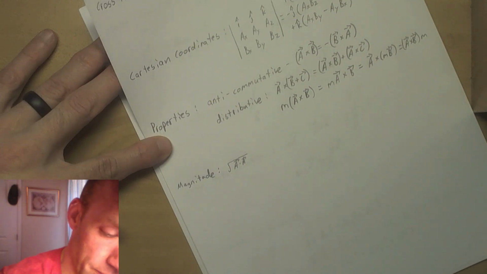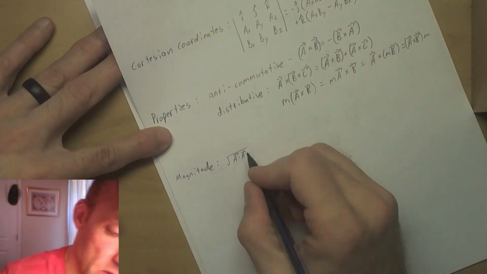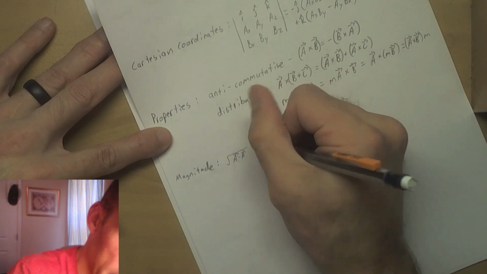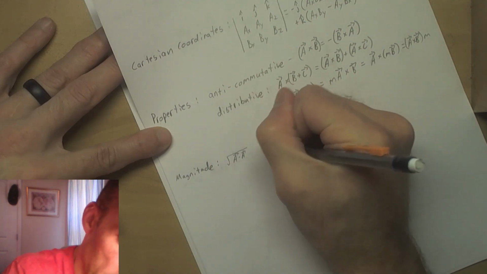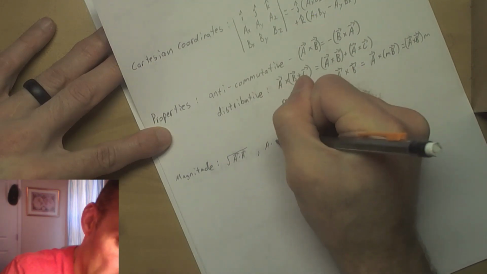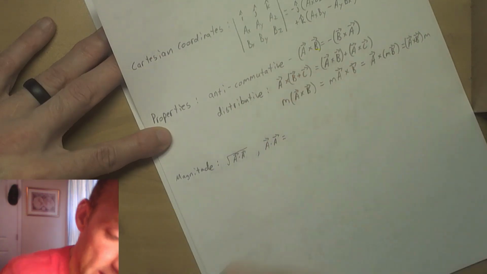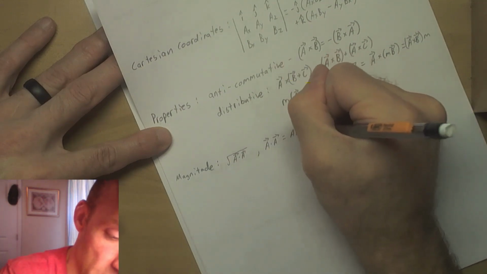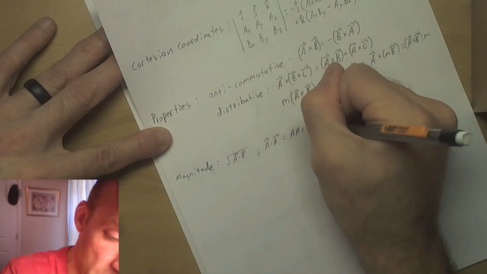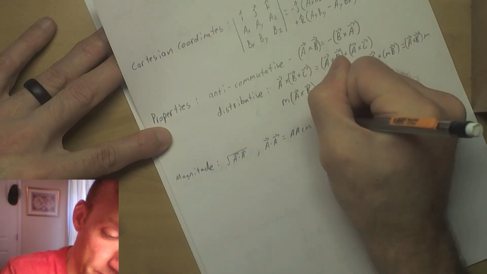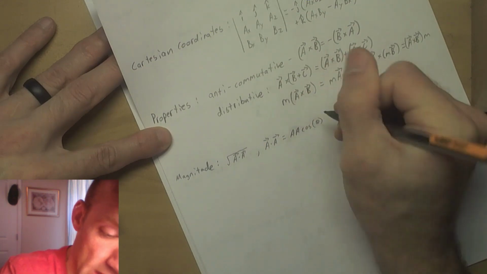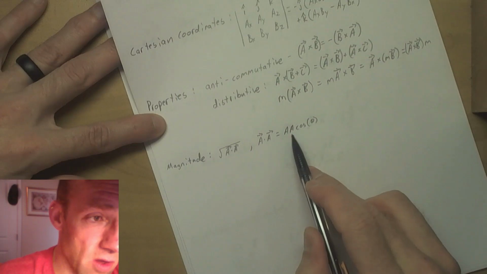Okay. Now, why is that? Just using the definition of the dot product, A dot A is going to be the magnitude of the first vector times the magnitude of the second vector times the cosine of the angle between them, right? So what's the angle between a vector and itself? It's going to be 0.